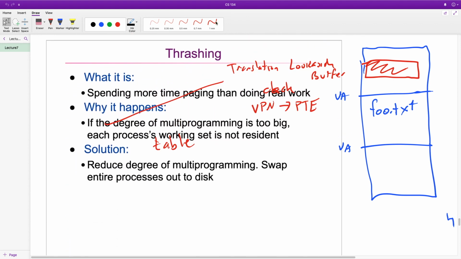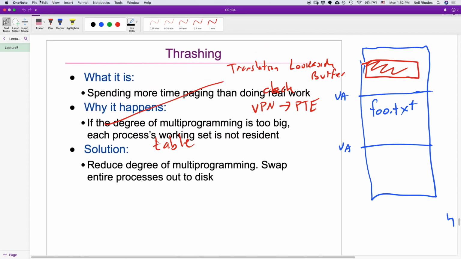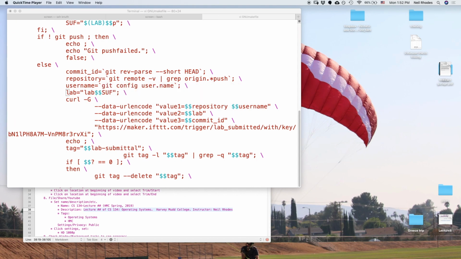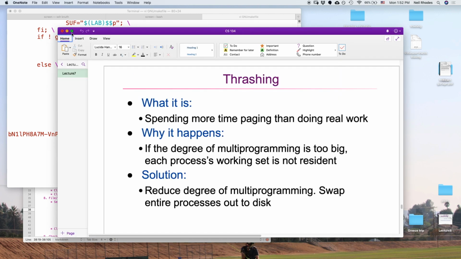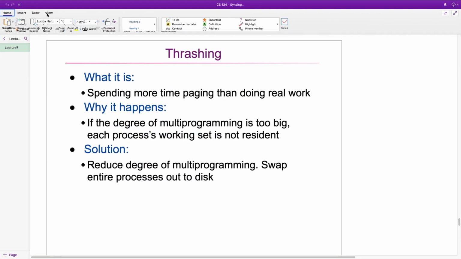All right. Thrashing. Thrashing is when you're spending more time paging than doing real work.